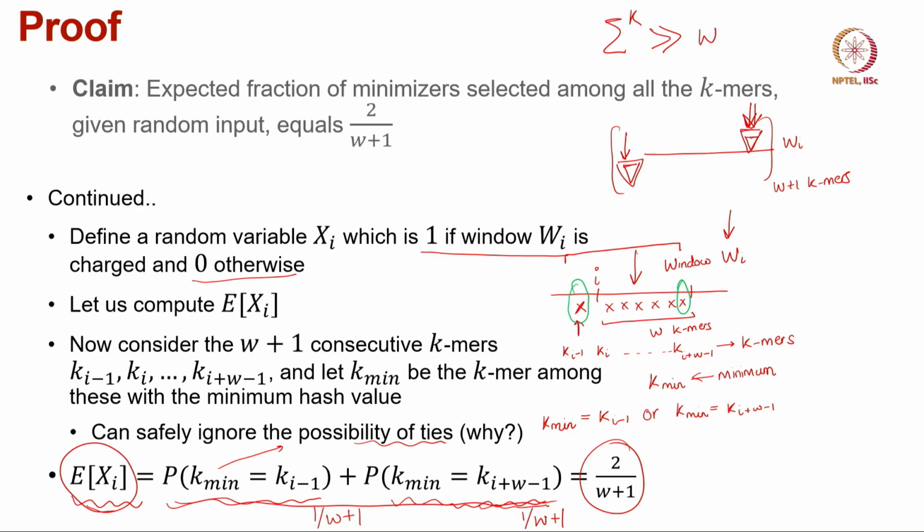So, the probability of a tie is extremely small, because my window length is much smaller than the space of all possible k-mers. As a result, we can ignore the possibility of ties and assume that all these w plus 1 k-mers are distinct, and therefore, we get the probability value 2 by w plus 1.